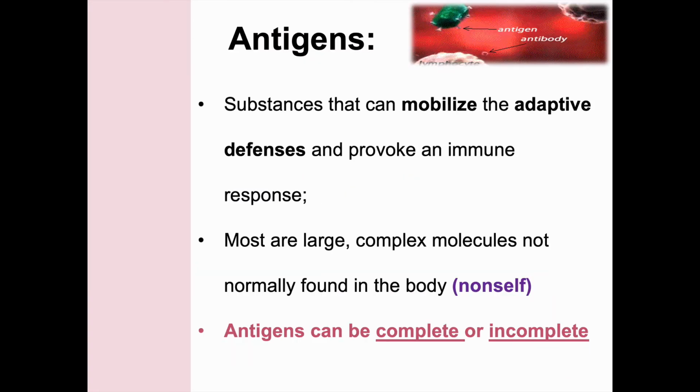Now let's see the antigens. What is an antigen? It is a substance that can mobilize the adaptive defenses and provoke an immune response. Too much provocation of the immune response is also bad.